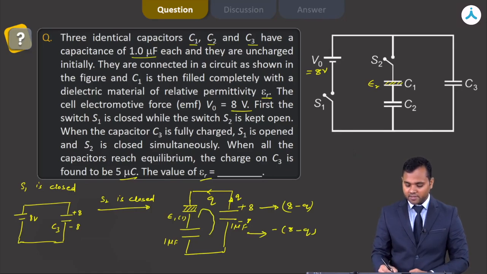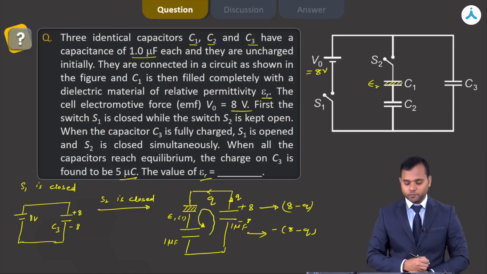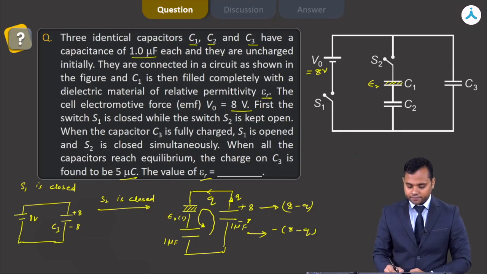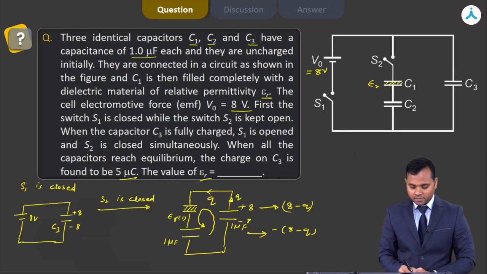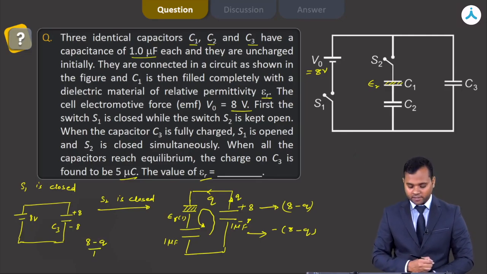Now if we apply here the Kirchhoff loop rule in order to find out the value of epsilon r, we can write that (8 minus Q) by 1 is the potential difference across C3, which is equal to Q by epsilon r plus Q by 1, the potential differences across the other capacitors.